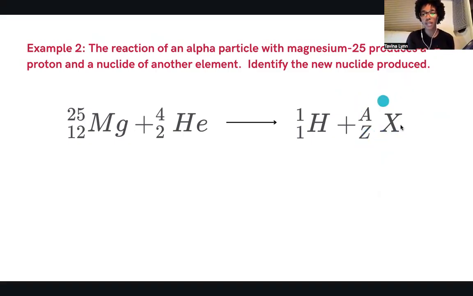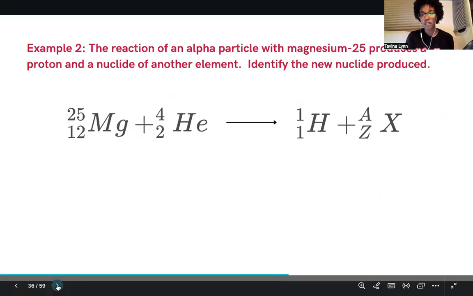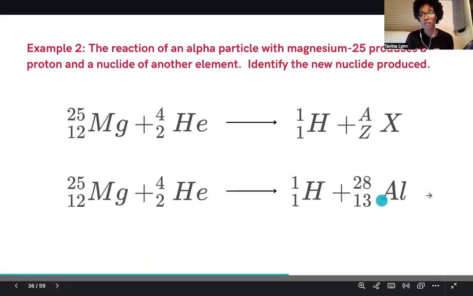We want to know what nuclide is produced. So we're going to balance our mass number and protons. So this really becomes a math problem, right? 29 over here, 1 plus what is going to give you 29? So our new element is aluminum.